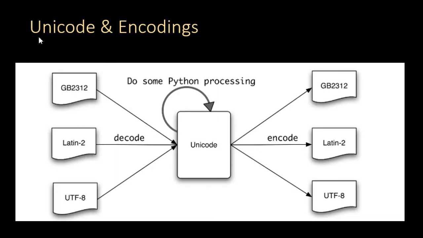Unicode is a standard to present and encode text. Text can be encoded in different formats, including UTF-8, Latin, and so on and so forth, which can all be decoded to Unicode and then encoded back to the same or different encodings.